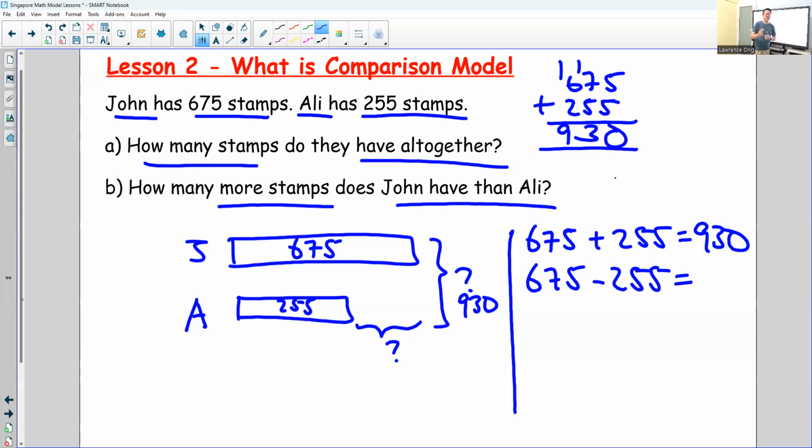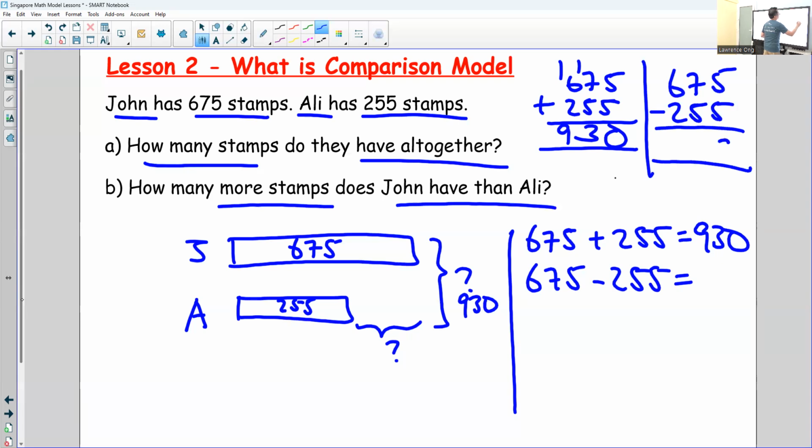Compare is usually to find how many more or how many less. So you have to minus. You take 675 and minus 255, and that will give you how many more stamps. So you subtract, and that will give you 420 more stamps. So John has 420 more stamps than Ali. And that's how you get your part A and part B.